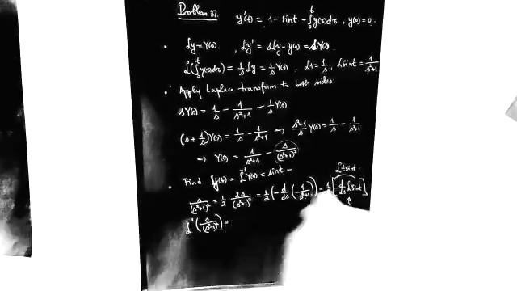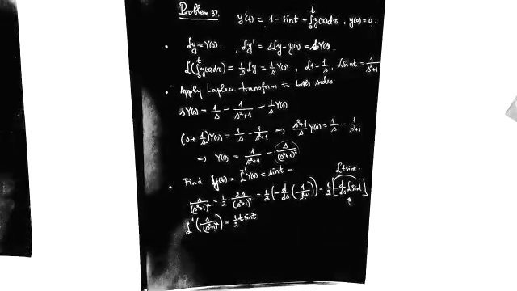Therefore, the inverse Laplace transform of s over s squared plus 1 squared is going to be 1/2 t sine t.